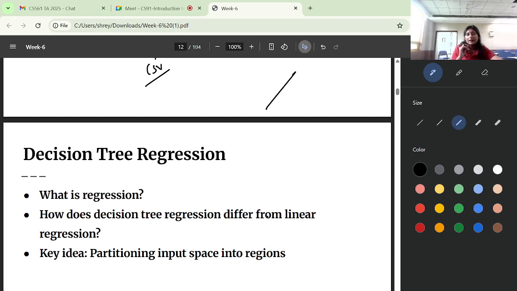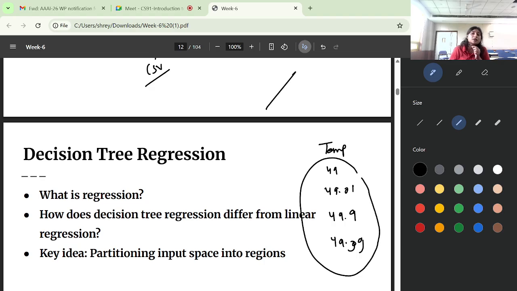So here the key idea is partitioning the input space into regions. Let's say I have to predict the temperature value: it can be 49, it can be 49.01, it can be 49.9, it can be 49.099. Can you put them in the same bin, or how are you going to say that this leaf node will give you this value?